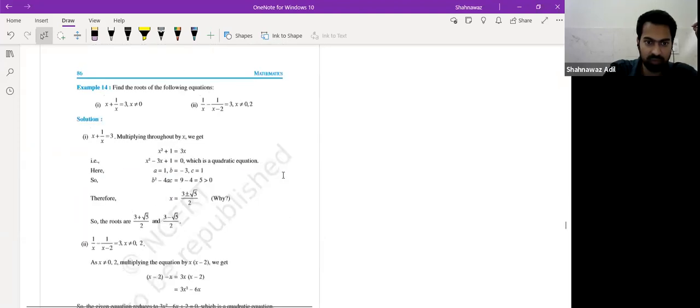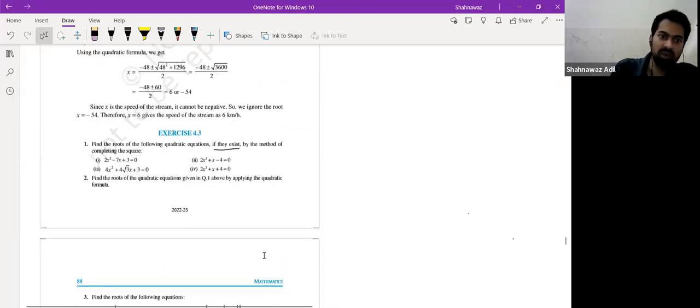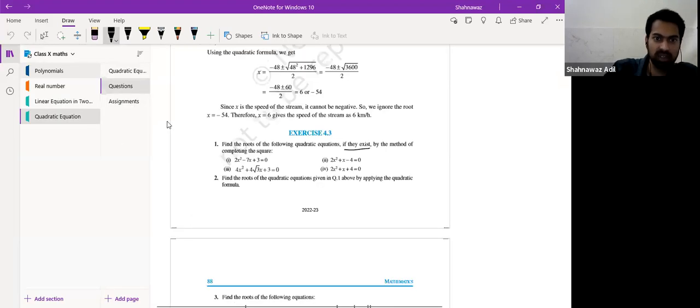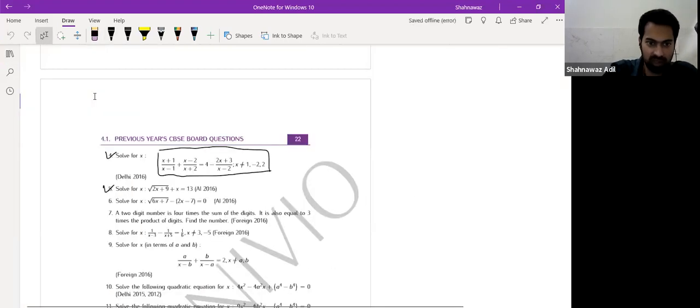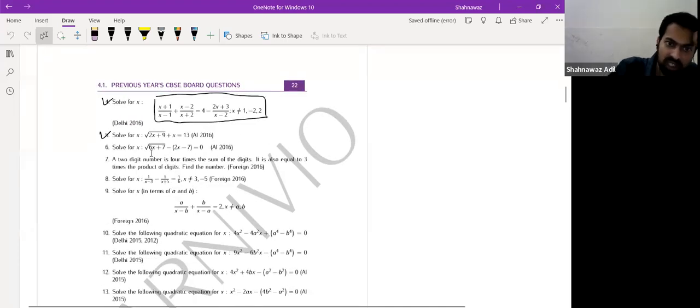So let us solve this first question from the quadratic formula. But before I do that, you guys just note down this. So let me give you 3 questions, only 3 questions. So 6, 7, and 8, right?